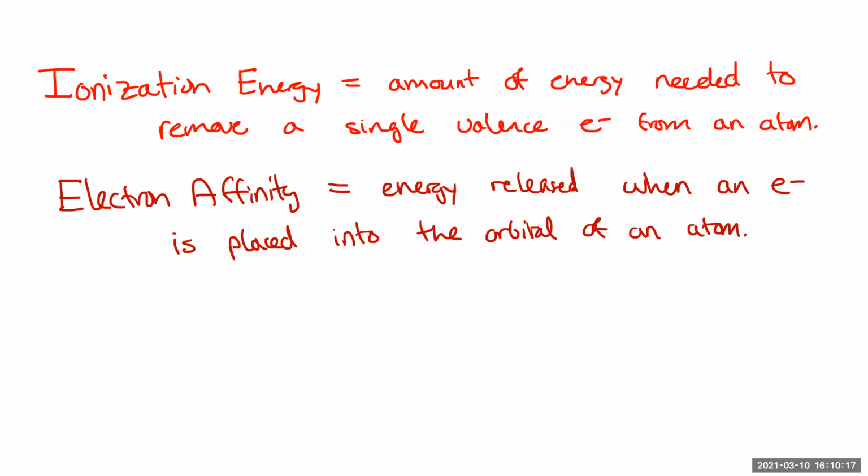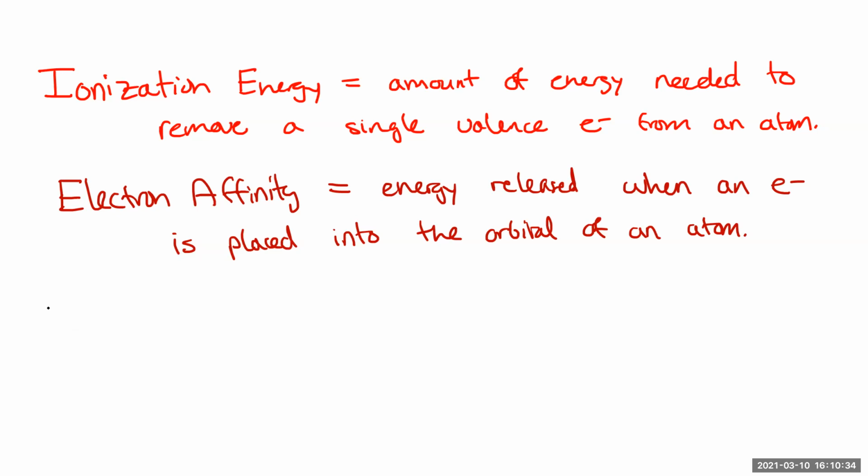So you've got ionization energy, removing an electron, and electron affinity, adding an electron. You release energy when you put an electron into an orbital, and it requires energy to kick an electron out of an orbital. Normal.